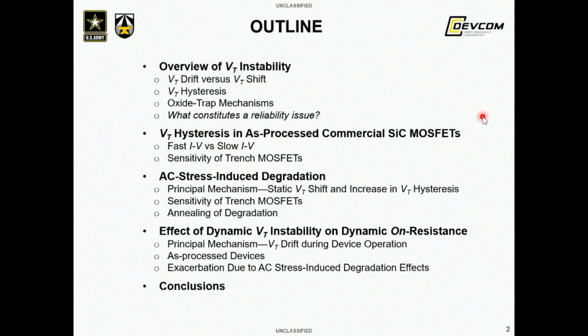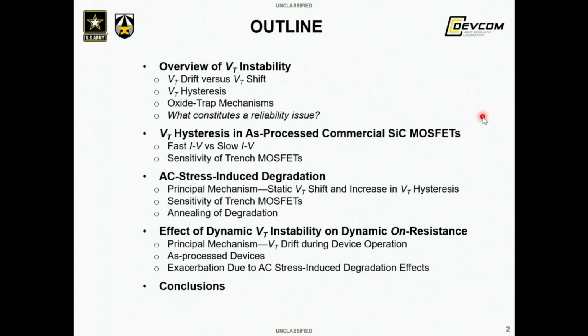Then I'll go on and talk about VT hysteresis in as processed commercially available silicon carbide MOSFETs, comparing fast IV measurements with slow IV, discussing the particular sensitivity of trench MOSFETs to a negative bias overstress.